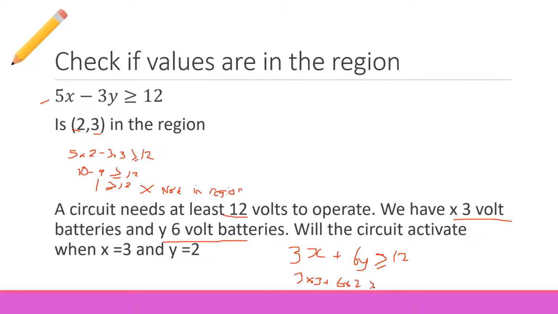Is this greater than or equal to 12? 3 times 3 is 9, plus 6 times 2 is 12. So we end up with 21, which is greater than or equal to 12.